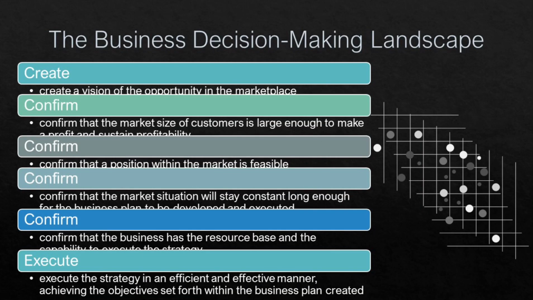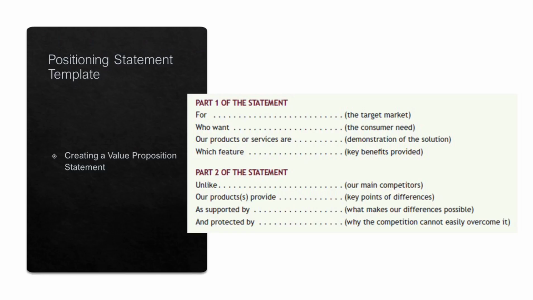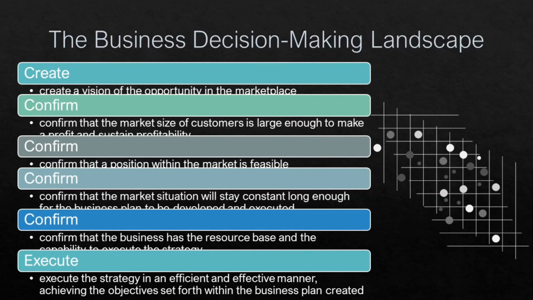Owners or managers or leaders need to create a vision of the opportunity available in the market, or that they want to create in the market. They confirm that the market size of customers is large enough that once it is commercialized, the opportunity can enable the business to make profit and sustain this profitability for the anticipated planning cycle and for long-term success.